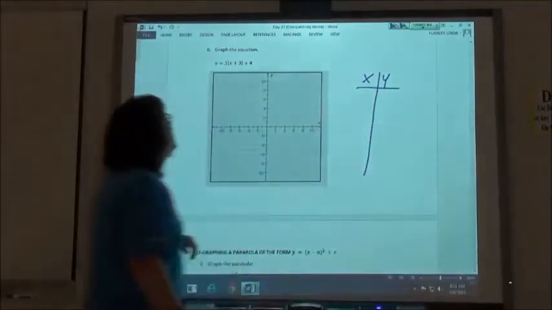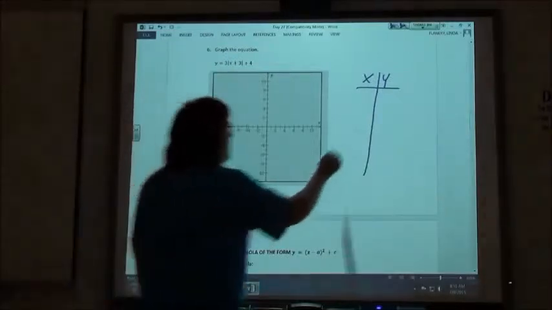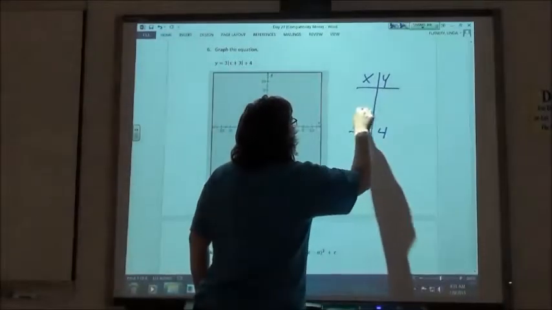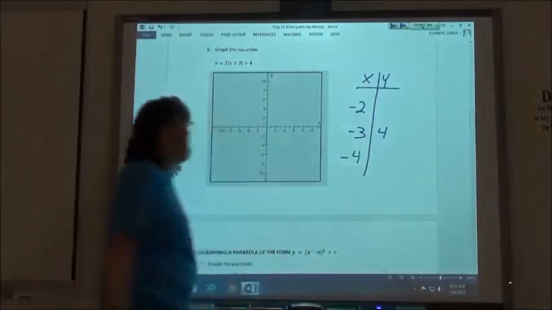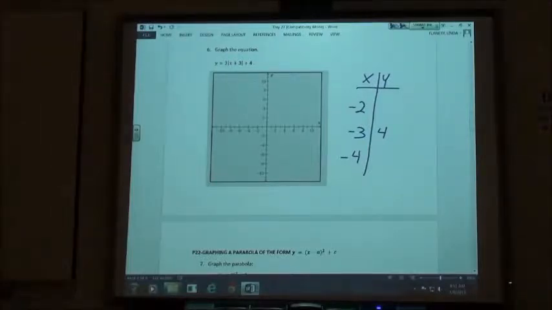So number 6, if you look at that, your vertex is going to be at negative 3, positive 4. So negative 2 and negative 4. So if you put negative 2 in there, you would get a y value of 7, yep.